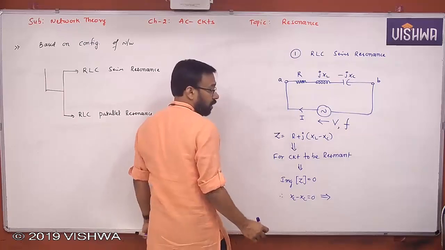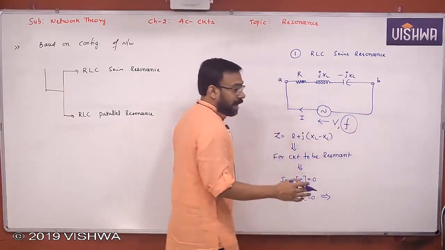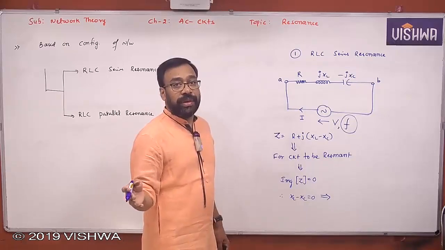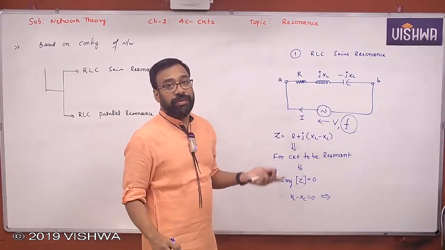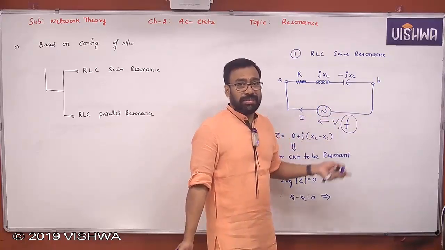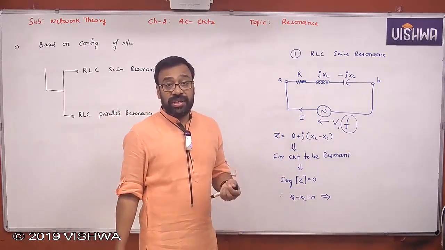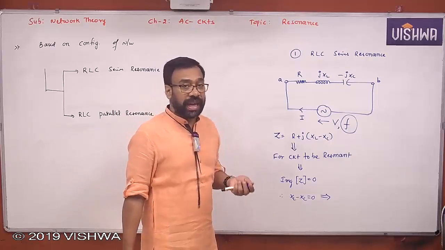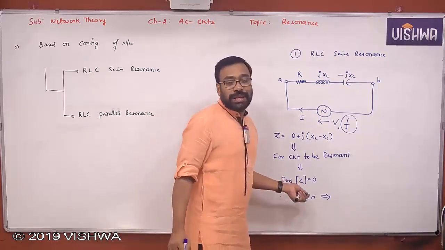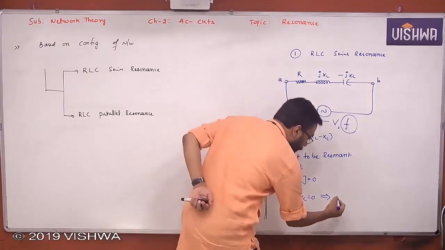Now here, assume that you are varying the frequency. The variable I am taking is frequency. You can change either L or C or R, anything, it doesn't matter. Understand all of you? But in this context, I am changing the frequency.